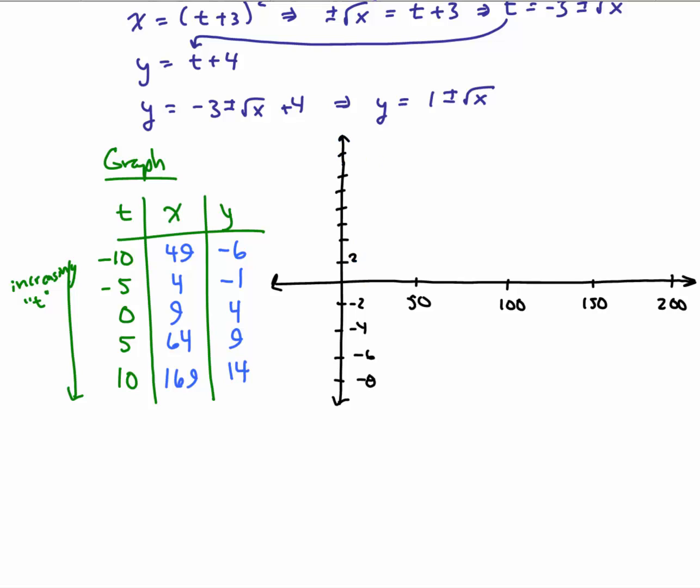Okay, so let's go ahead and plot some points. So I have 49, -6. So here's 49, here's -6. So that's the start of my graph. There's no arrow. This is where my graph starts. Then it goes up to 4, -1, close to the axis. So I'm going to say right there.